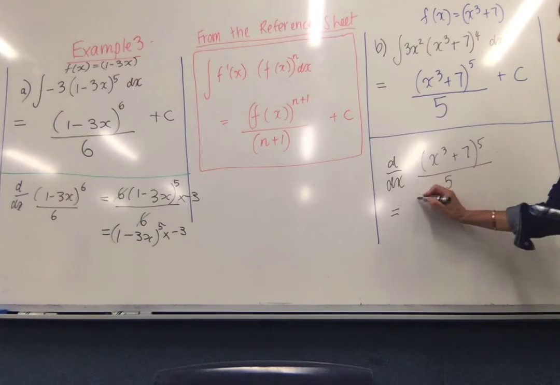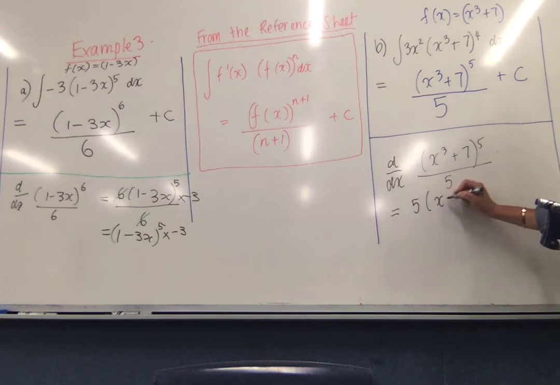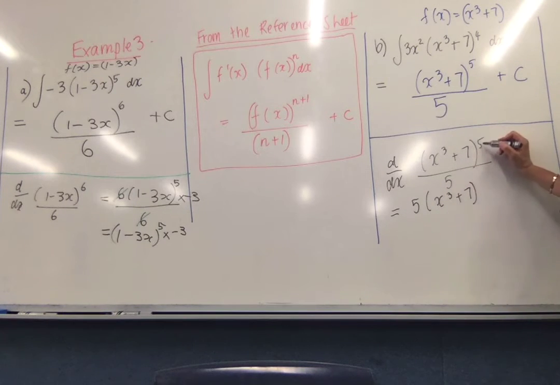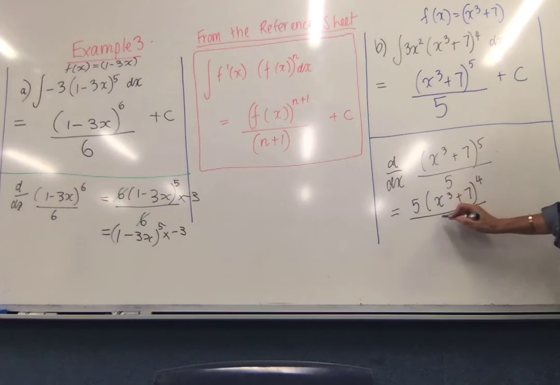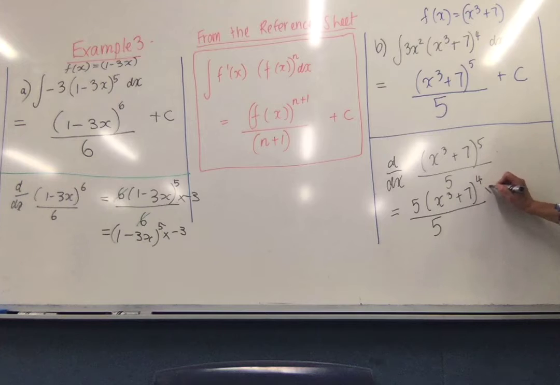Okay, let's bring the 5 down to the front, so it becomes 5 times x cubed plus 7. When we differentiate, remember we take 1 away from the index, so this becomes to the power of 4. And then this is a constant multiplier, so that will remain there. Don't forget, we then need to multiply it by the derivative of what's in the brackets here, which is 3x squared.